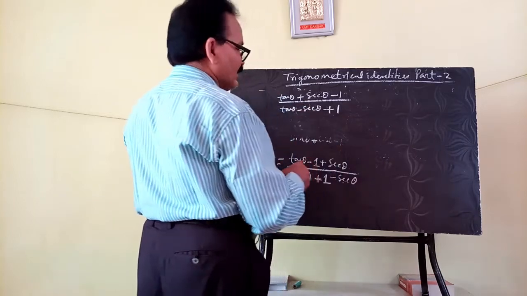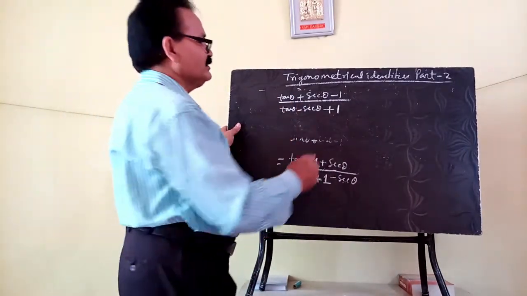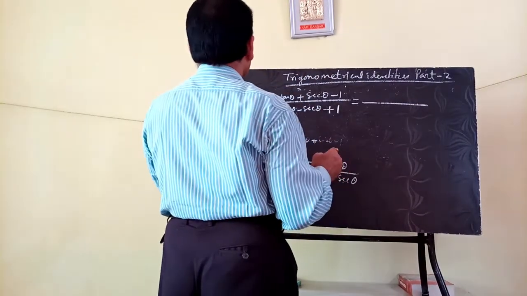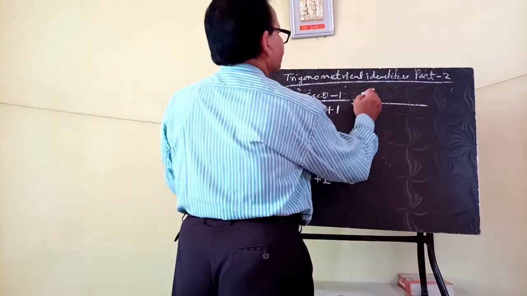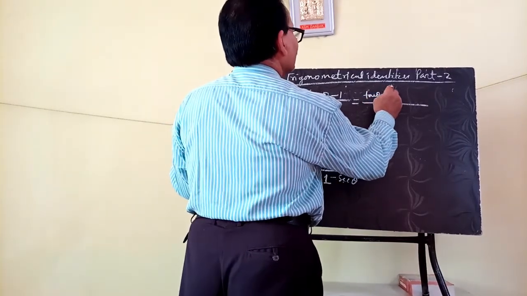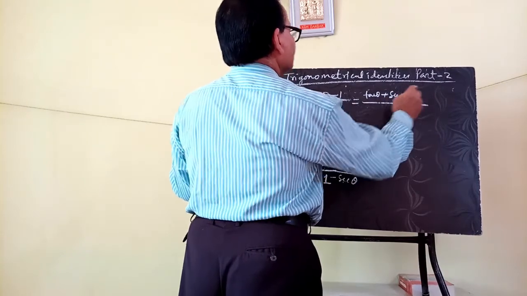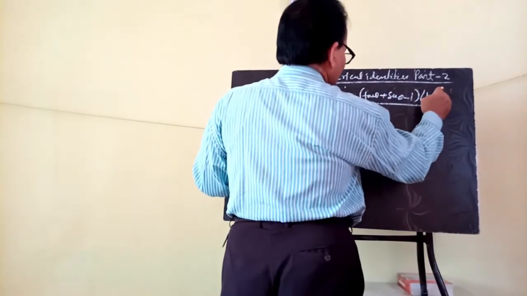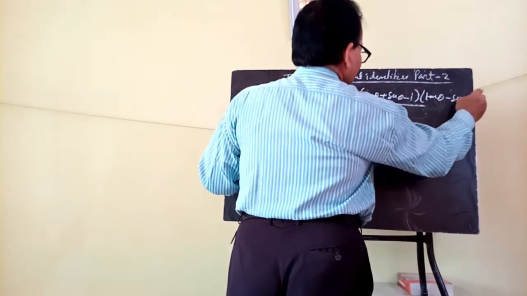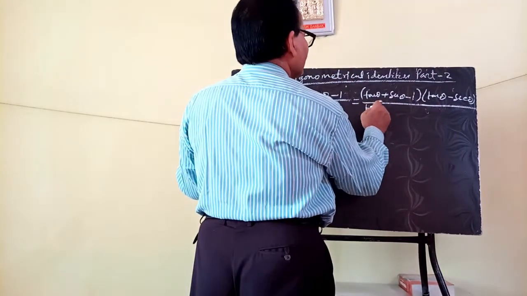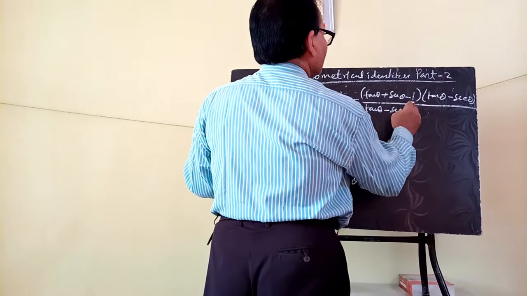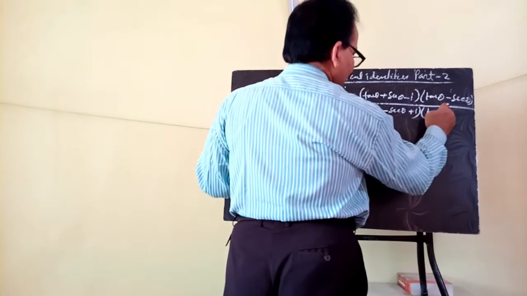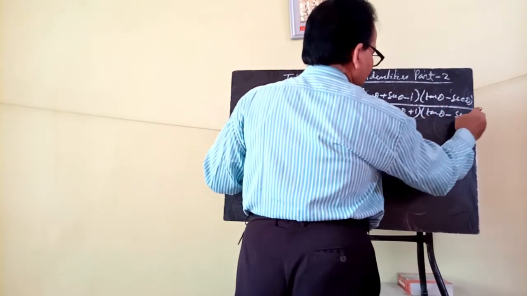You multiply both numerator and denominator by tan theta minus sec theta. So the numerator is tan theta plus sec theta minus 1, multiplied by tan theta minus sec theta, in both numerator as well as denominator, where the denominator is tan theta minus sec theta plus 1, multiplied by tan theta minus sec theta.